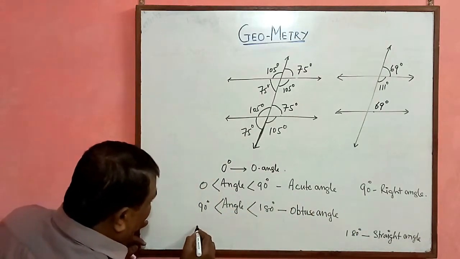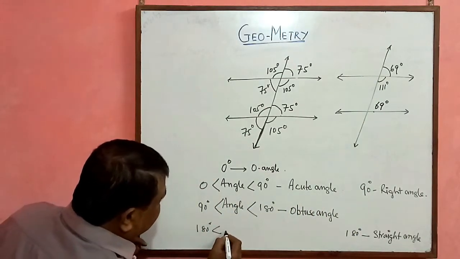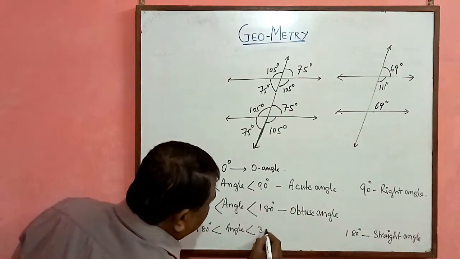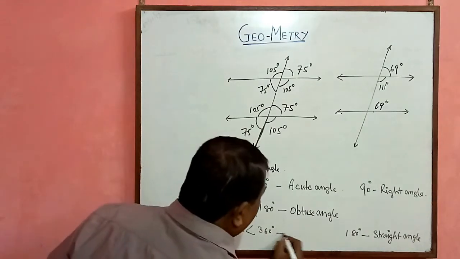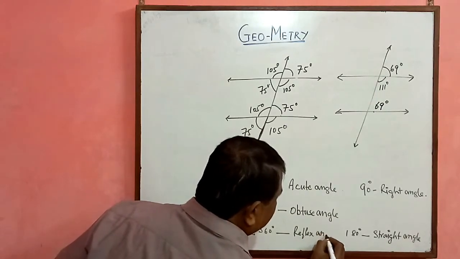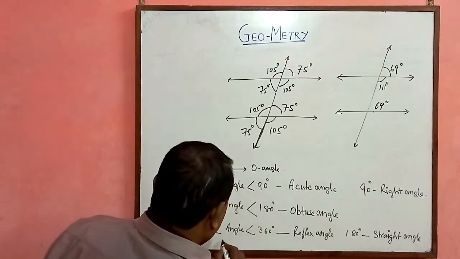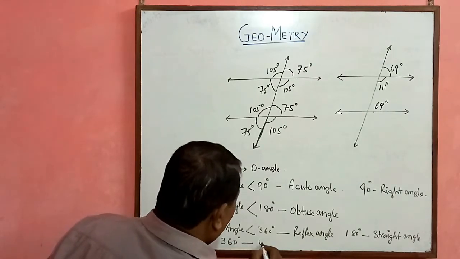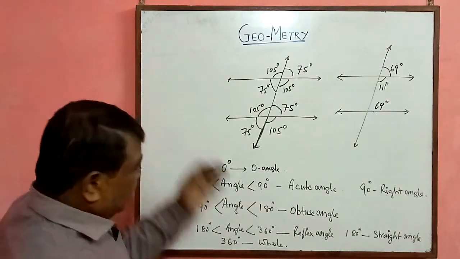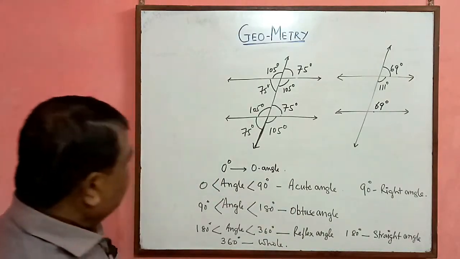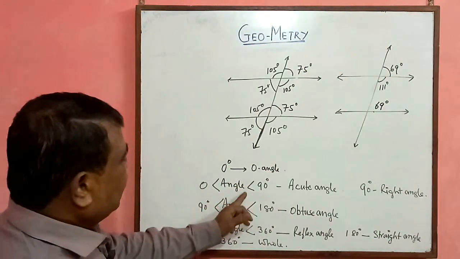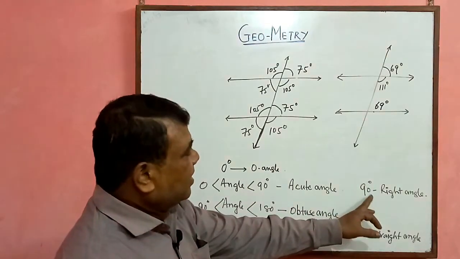Now, more than 180 degree, less than 360 degree, reflex angle, and 360 degree is a whole angle. This way we have divided 0 to 360 degree with some names. 0, zero angle. An angle which is greater than 0, less than 90, acute angle. 90 degree itself is a right angle.